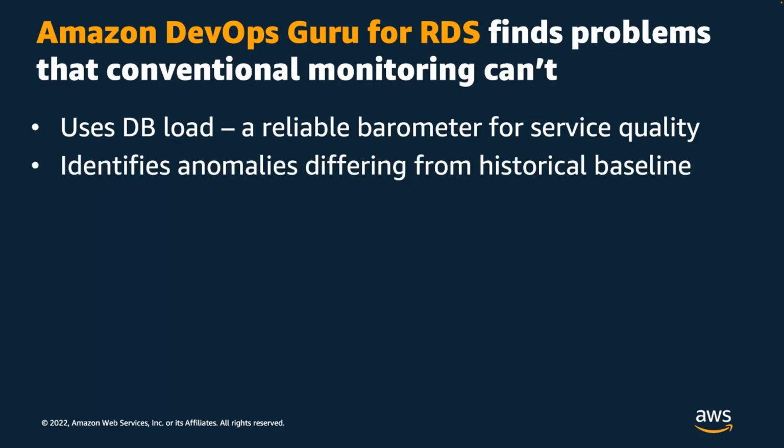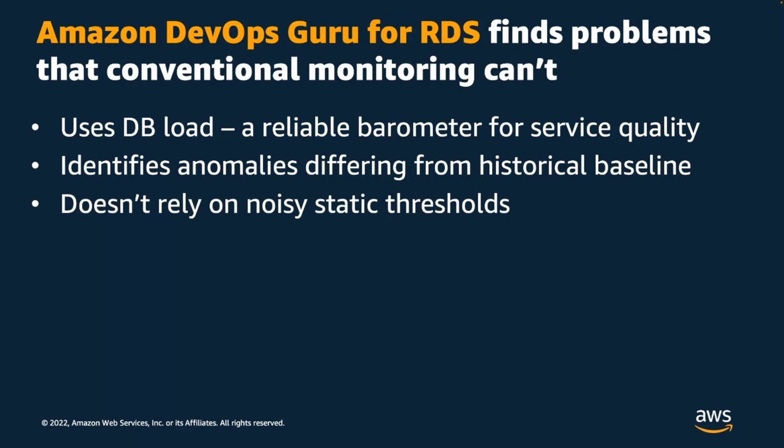Our anomaly detection uses a database's metrics history to look back in time and establish a baseline workload pattern. Then it zeroes in on significant deviations from that pattern. This provides a much more accurate and relevant set of findings than, say, conventional static monitoring thresholds, which typically can be very noisy and can overload operators with alerts and alarms for things that aren't typically problems.